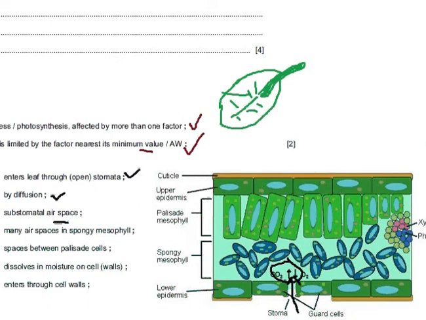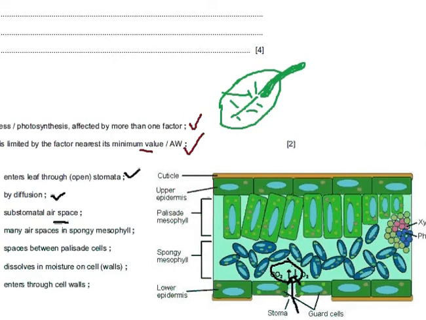So it reaches the substomatal airspace, and then there are many airspaces in the spongy mesophyll. So it then goes to the spongy mesophyll airspaces and the spaces between palisade cells.